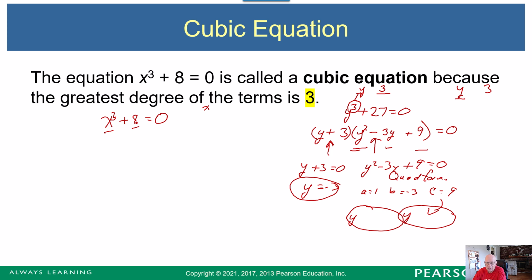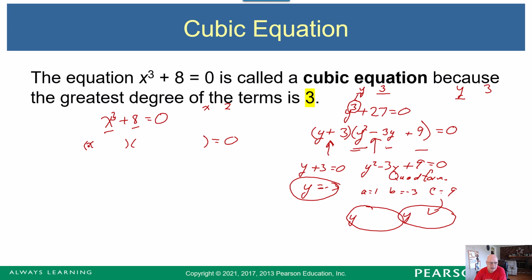I've almost got it, except for the middle one. What do I do for the middle one? Multiply these 2 together. That'll give me 2x. And I have to make sure that this sign and this sign are different. So this will be a minus 2x.